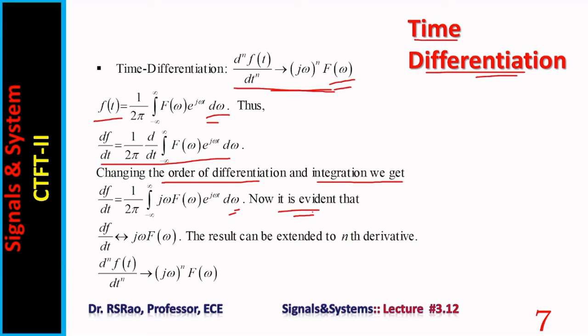Now it is so clear, one can easily see that the Fourier transform of df by dt is j omega F of omega. This result can be extended to the nth derivative too. Therefore, the Fourier transform of the nth derivative of f of t is (j omega) power n F of omega.